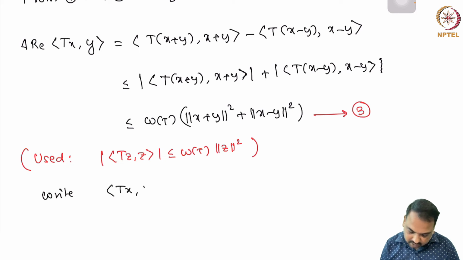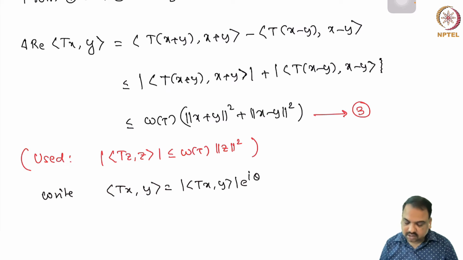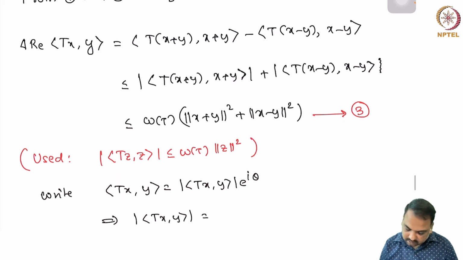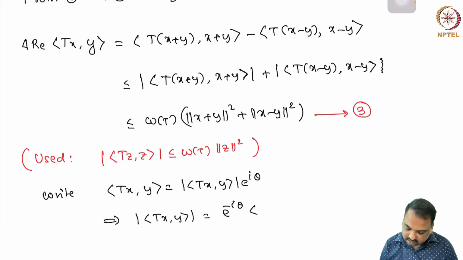inner product Tx with y is a complex number, so we can use the polar decomposition as inner product Tx with y as modulus of inner product Tx with y multiplied by e power i theta. So that means you will get modulus of inner product Tx with y as e power minus i theta multiplied by inner product Tx with y.